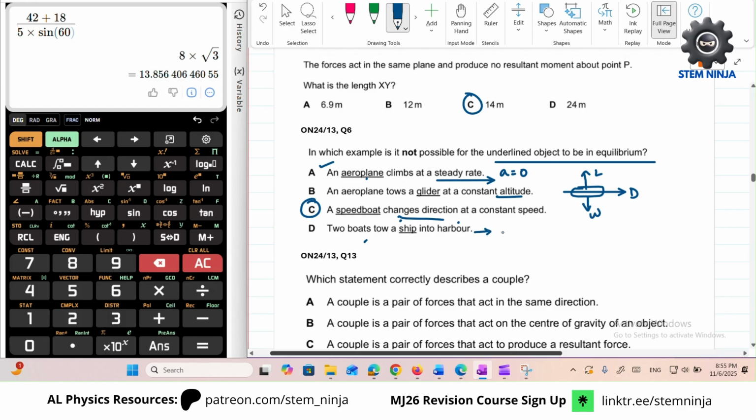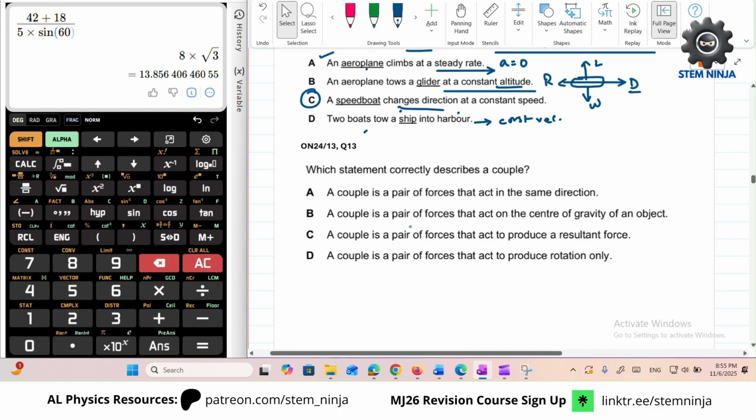They could be pulling it at constant velocity also. And constant altitude does not mean that the resistive forces are not acting. Not possible just simply means that we have to eliminate the obvious choices. So C is the obvious choice.